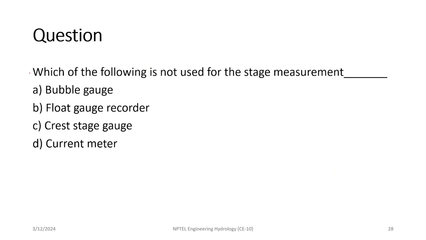Okay, now we are heading towards stream flow measurement. The question here is, which of the following is not used for the stage measurement? I just mentioned where stage measurement is useful. In which method are we using this?